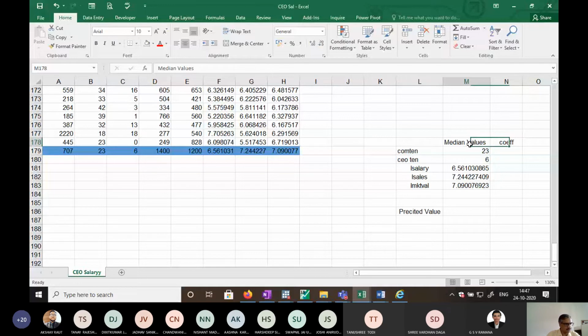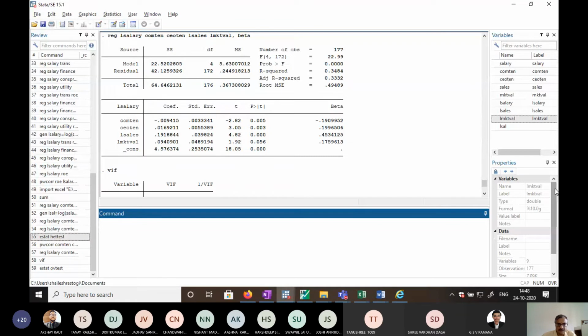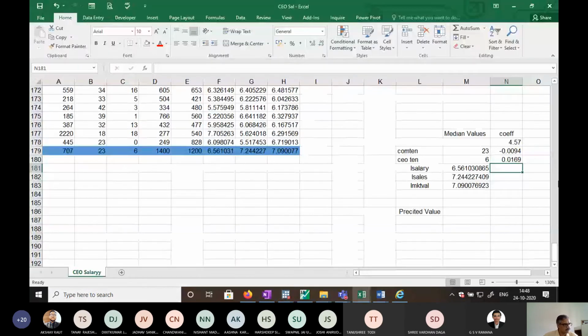CEO tenure is equal to 0.0169, and then we have company tenure. This is minus 0.0094. Yeah, I'm writing that correctly. Though the value of the coefficient is quite small, it is there.